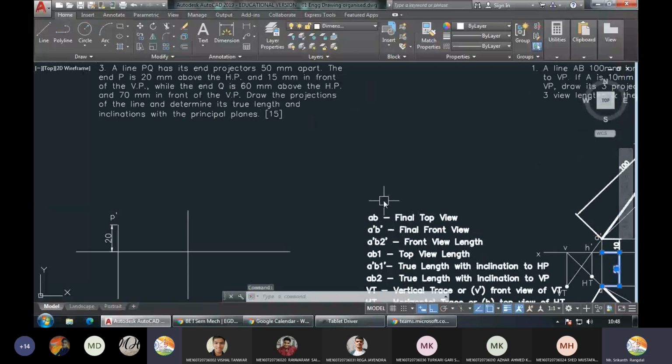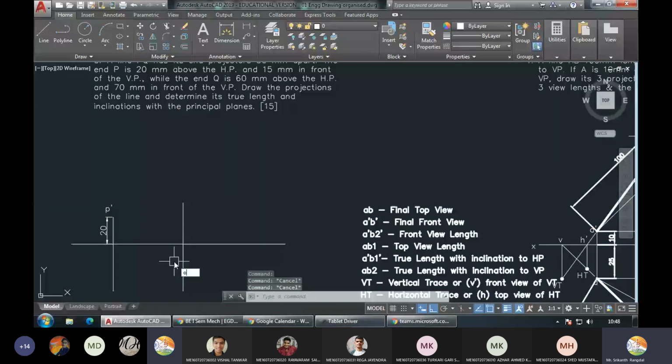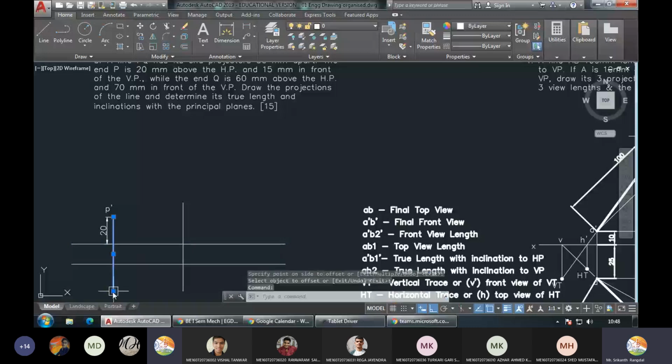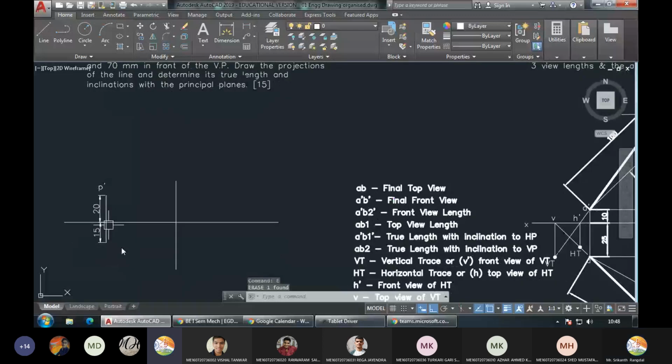Again, I will take offset, O enter, 15 enter, and then I'll just have to reduce this. It should come only up to 15. Let me put the dimension. This length is 15. Okay, this line is not needed, I'll delete it. So what is this lower point?